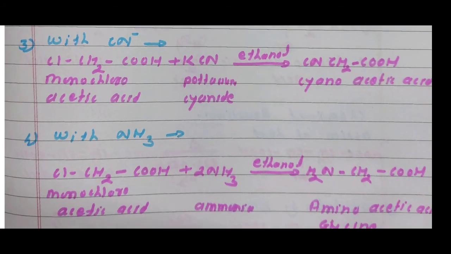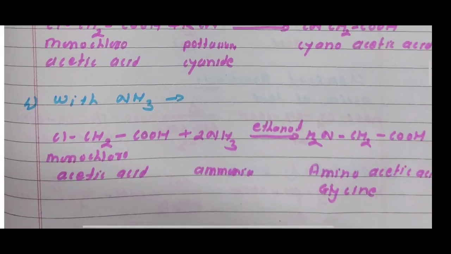Then the fourth reaction, with ammonia. When monochloroacetic acid is treated with ammonia, it gives glycine. I am showing the structure. Monochloroacetic acid ClCH2COOH plus 2 molecules of ammonia in ethanol, the Cl atom is substituted by the NH2 group, forming glycine or aminoacetic acid.